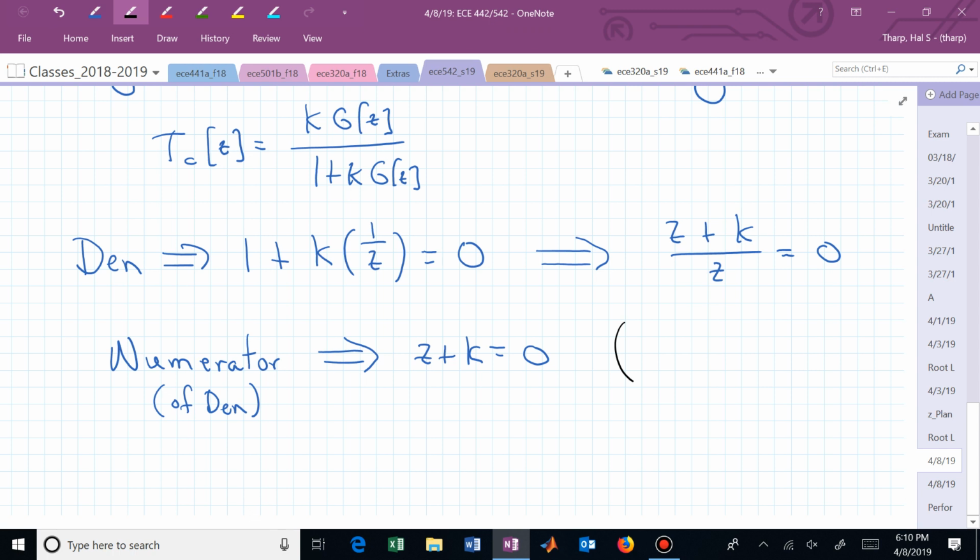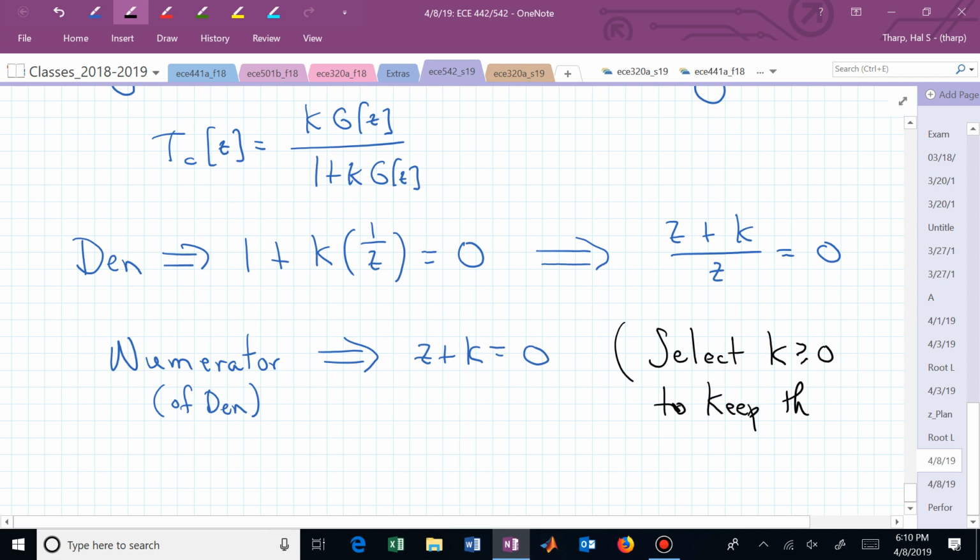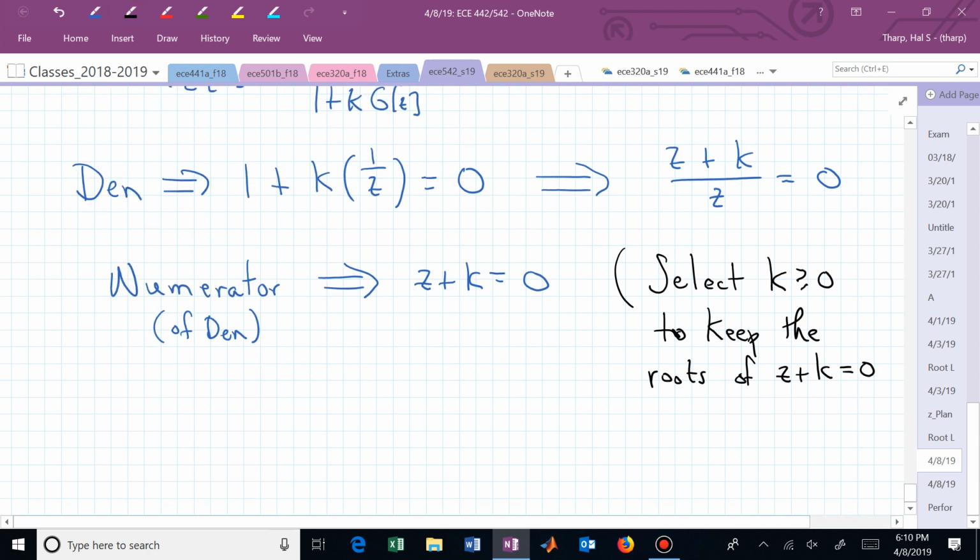We're trying to select values of K, non-negative values of K, K greater than or equal to 0, to keep the roots of this polynomial, z plus K, inside the unit circle.